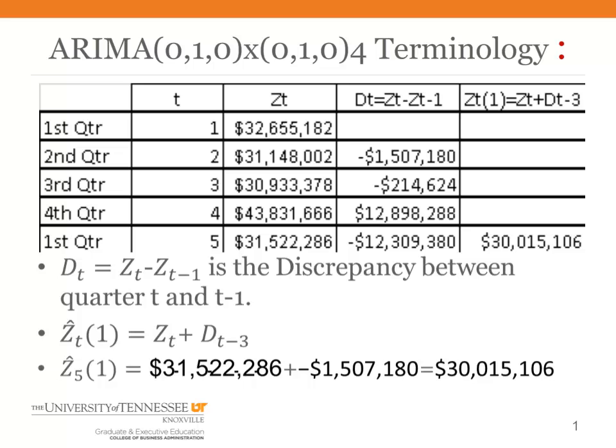You see, there's not much of a seasonal pattern happening between the first and second, or the second and third quarter. The big jump occurs between third and fourth quarter, and then after fourth quarter back down to first quarter. But the general rule is given here. You go back and pick up D of T minus 3.